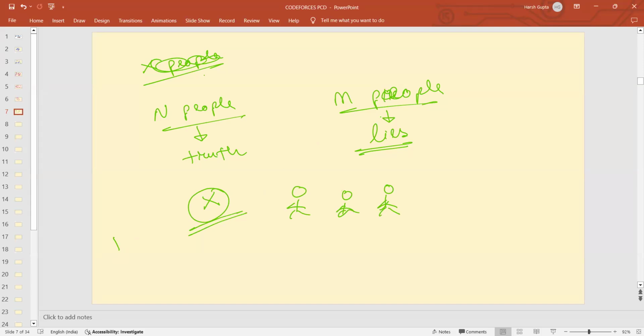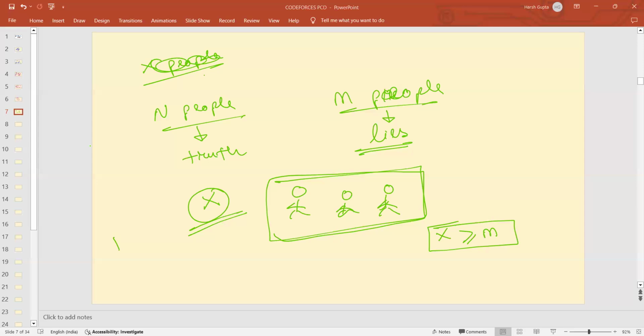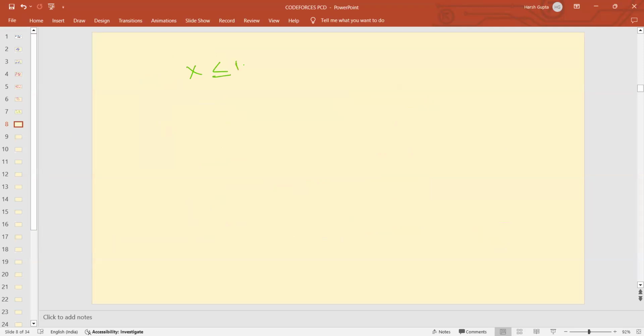So now out of these X people, what is the worst case? Let's suppose X is greater than or equal to M. What is the worst case? Actually, let's not take X greater than or equal to M. Let's take X less than or equal to M. What is the worst case?